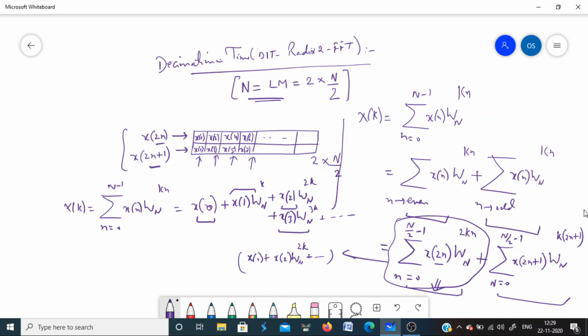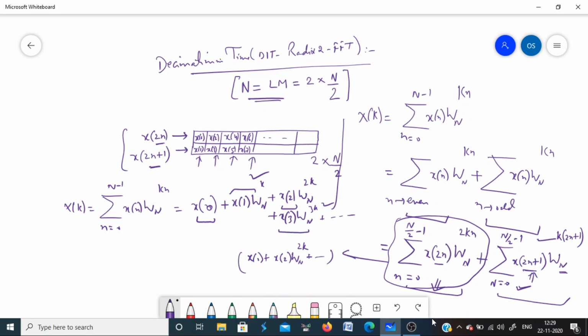Similarly, if you expand this equation, you are getting the odd samples. When n is 0, you will get x1 here, x1 W_N to the power k. Similarly, when n is 1 here, you will get x3 W_N to the power 3k and so on. So I have simply divided into odd and even functions.